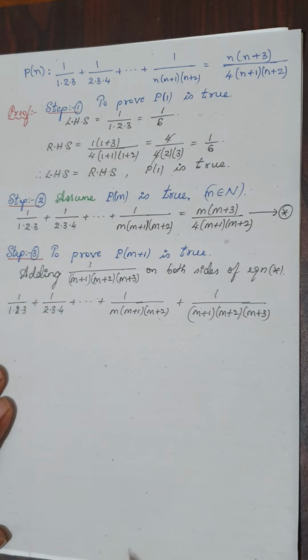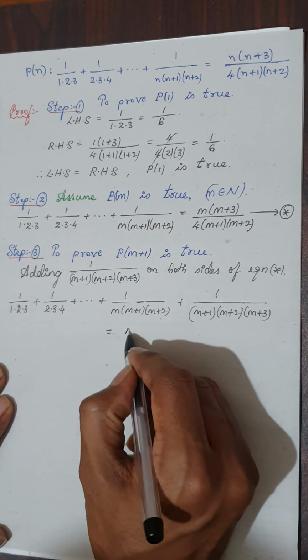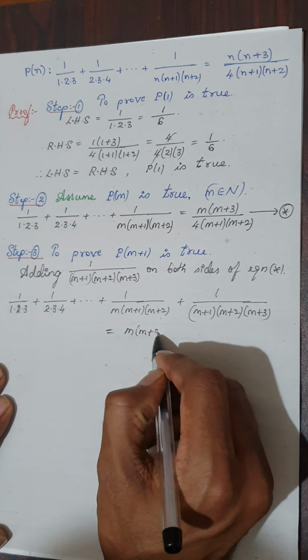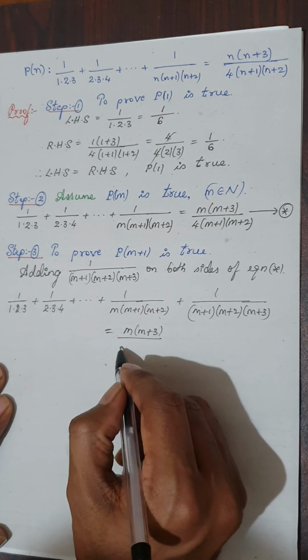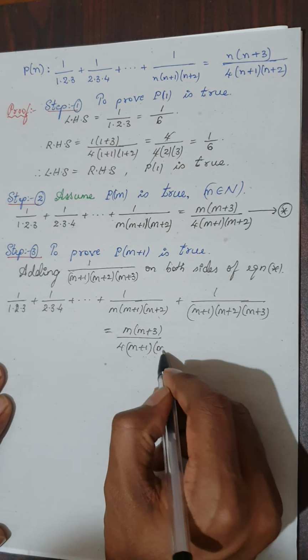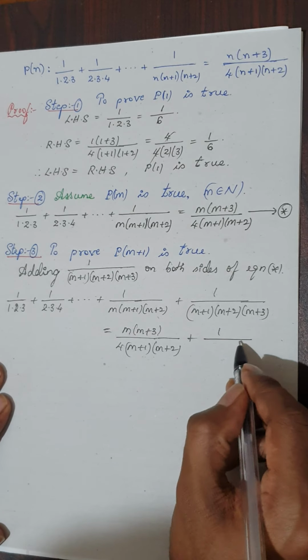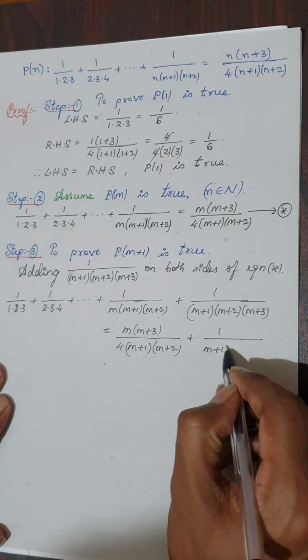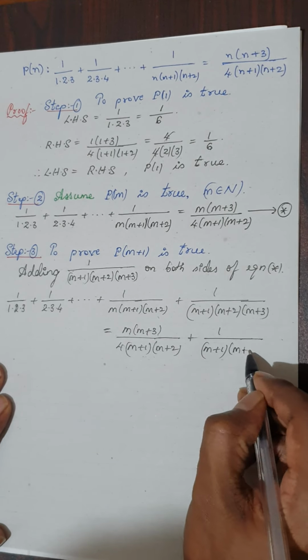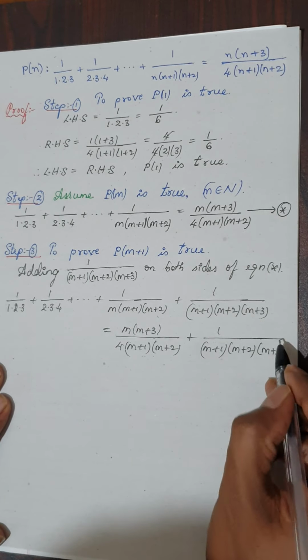This is nothing but my LHS. My RHS will be the term already in RHS, m into m plus 3 divided by 4 into m plus 1 into m plus 2. To this, let me add the required term, which is 1 divided by m plus 1 into m plus 2 into m plus 3.